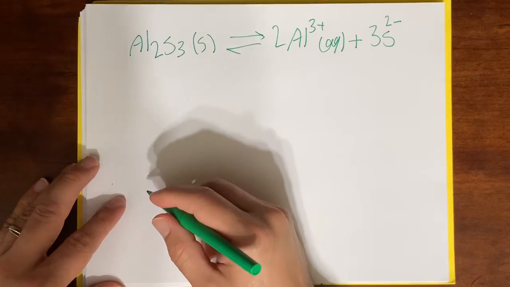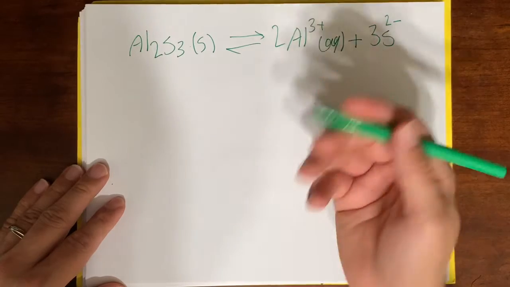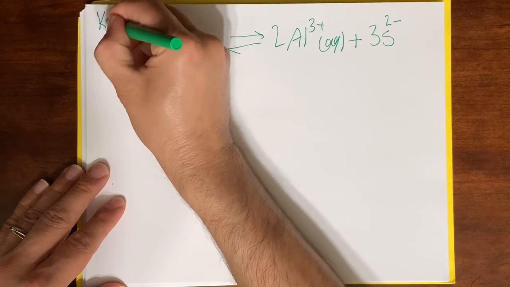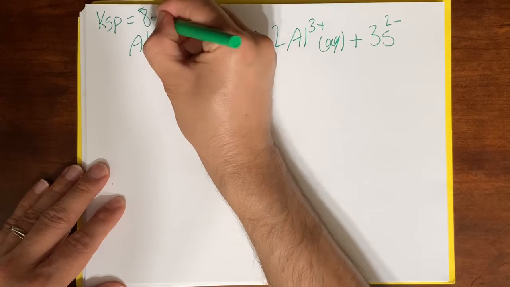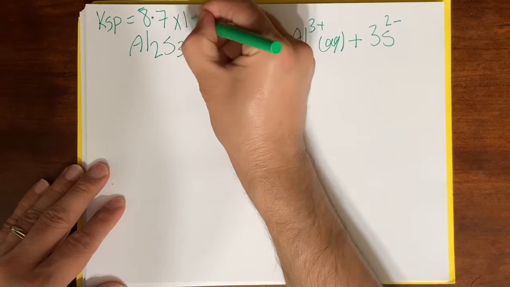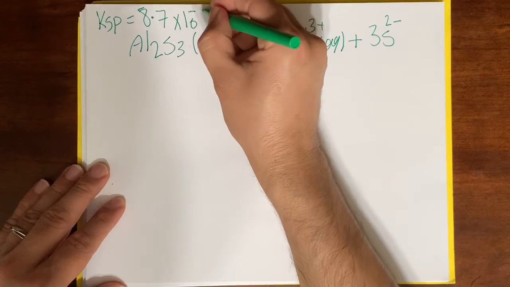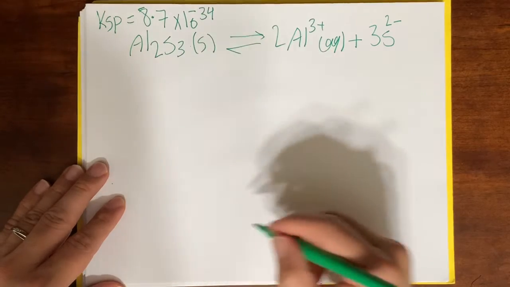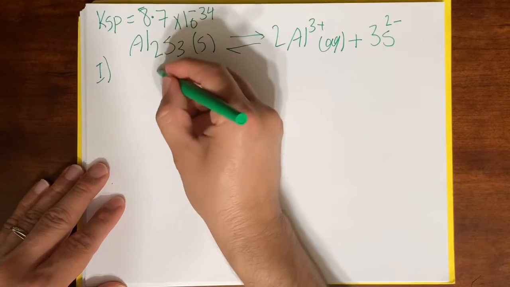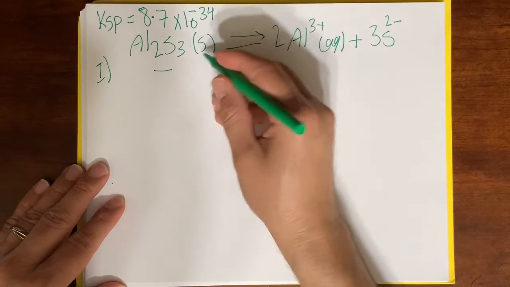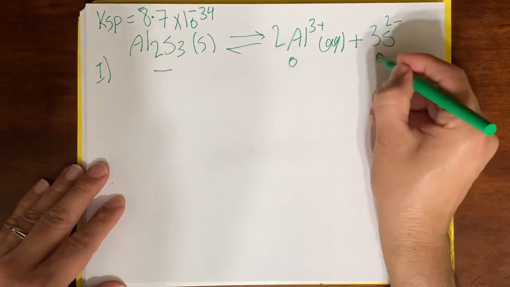And KSP for this one is given. I will give you the KSP, and the KSP here is equal to 8.7 multiplied 10 to the power of minus 34. Okay, KSP is there. So you go with initial concentration. We don't care here, solid. This one 0, that one is 0.